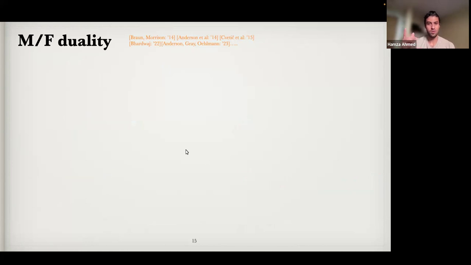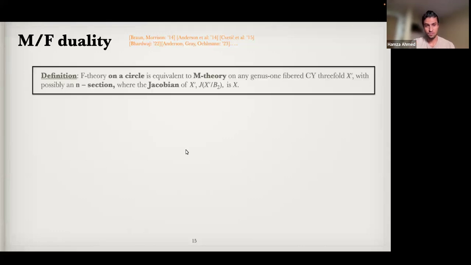I haven't told you anything about the theory that you get when you put it on a circle. Fortunately for us, there is a nice equivalence to another geometric construction for F theory on a circle. F theory on a circle is what I need, the 5D theory. It turns out it's equivalent to M theory, which is an 11-dimensional theory.